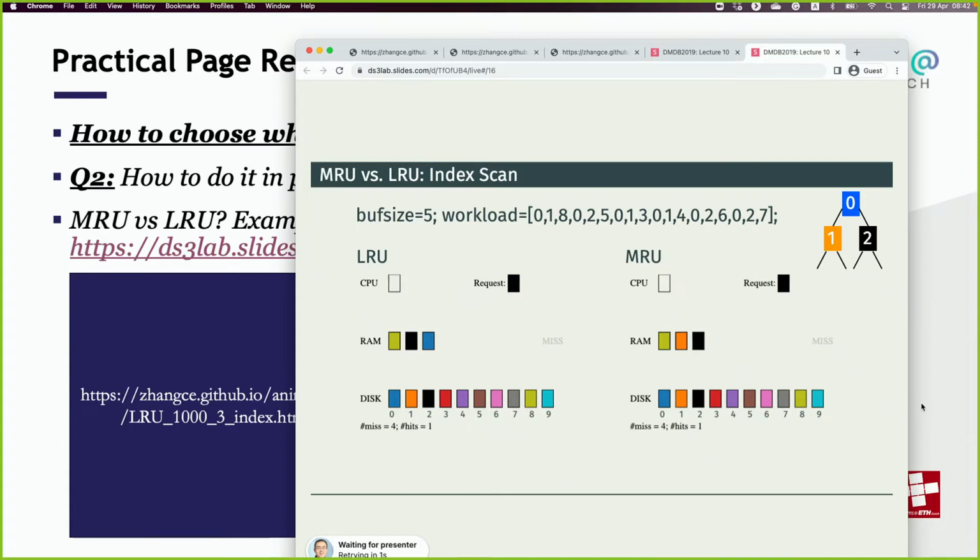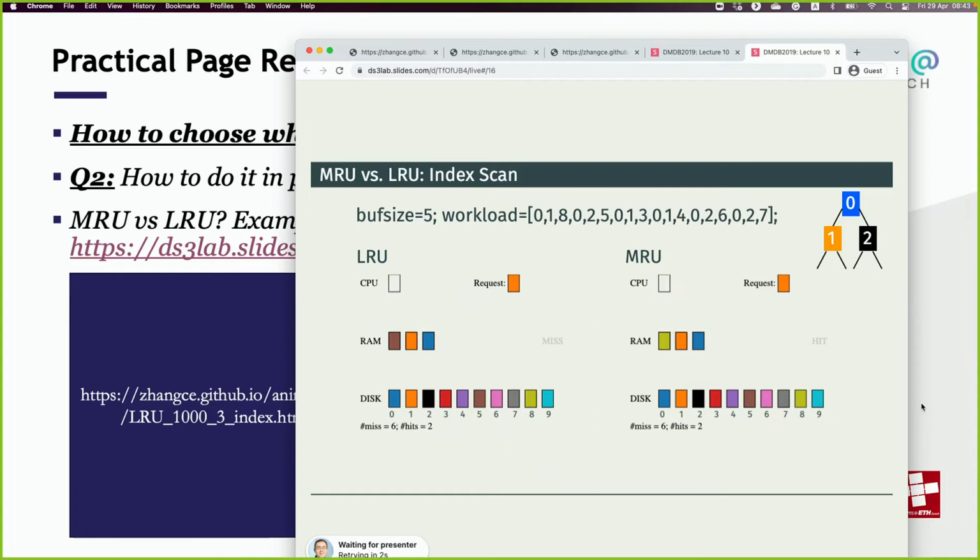This is a place where LRU is going to be more powerful than MRU. If you think about why, in this case your blue page is being frequently visited because that's the root. Every once in a while, I will have access to the blue page.